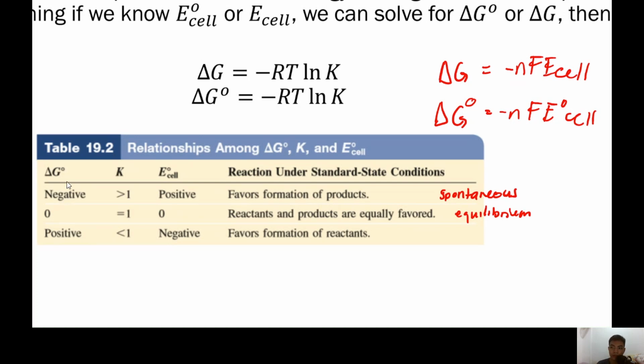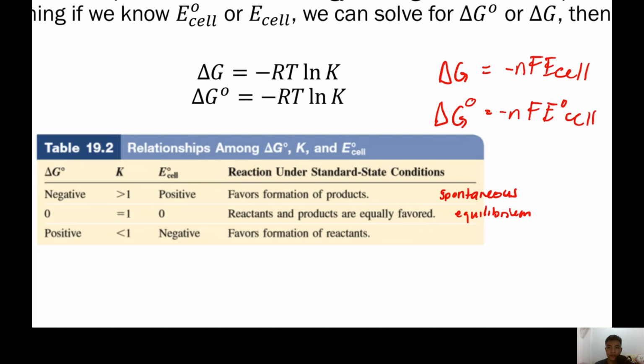That's why if E cell is 0, delta G would also be equal to 0. Solving for K using this equation, with some algebra, you will find that K should be equal to 1. So if we have 0 delta G, we have an equilibrium state. Nothing significant is happening in the system.